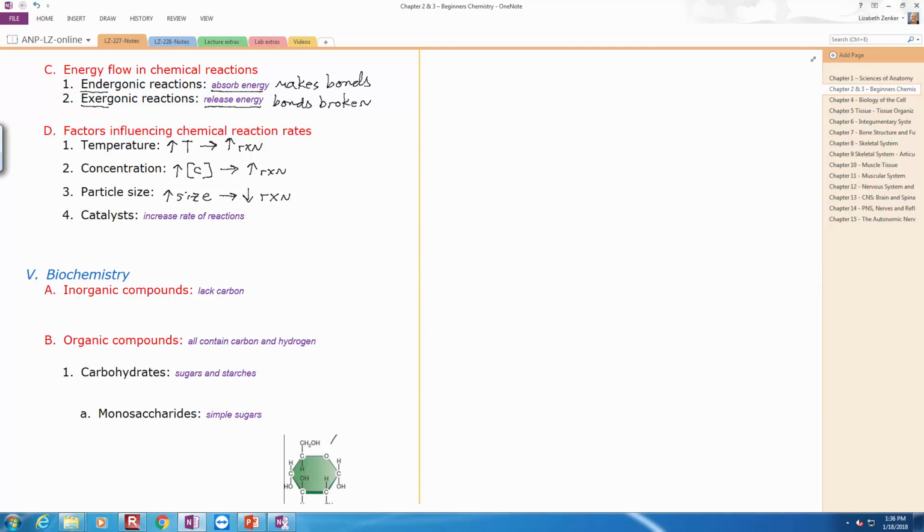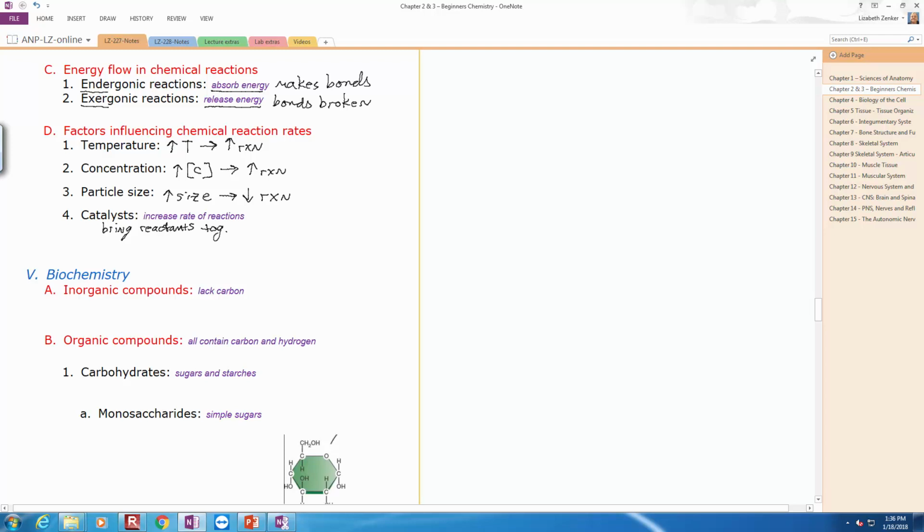Catalysts increase the rate of reactions. Catalysts basically help bring reactant or reactants together. So if you have two reactants coming together, it'll help put them together so that they're more likely to make their bond. This is their job. So catalysts bring reactants together, I'm just going to put TOG for together.